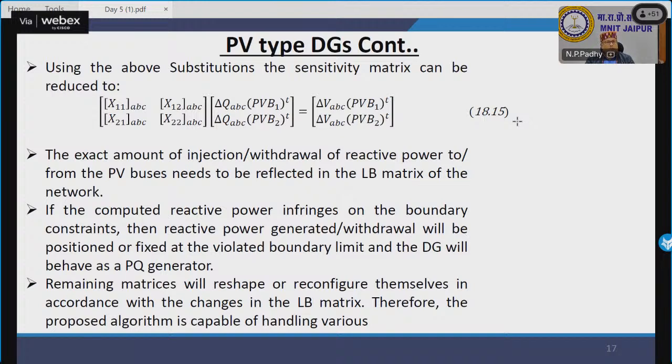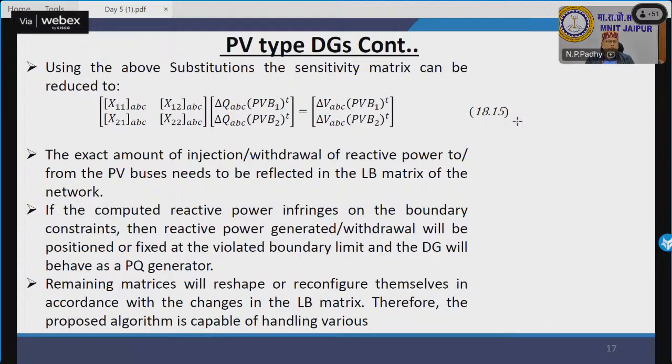If the computed reactive power infringes on the boundary constraint, then the reactive power generated or withdrawn will be fixed at the violated boundary limit, and the DG will behave as a PQ generator. The remaining matrices will reset or reconfigure themselves in accordance with the changes in the LB matrix.